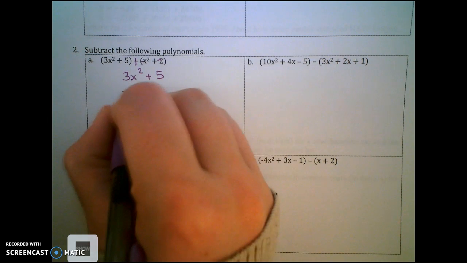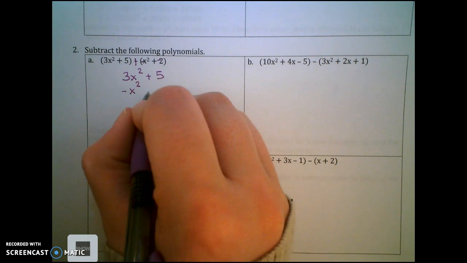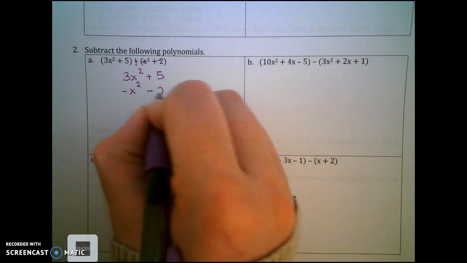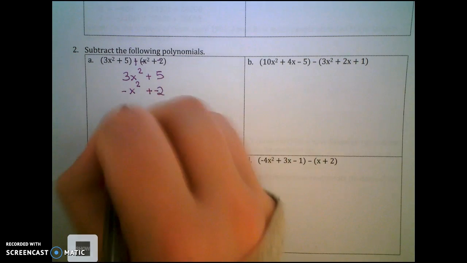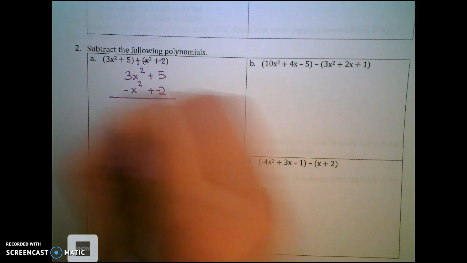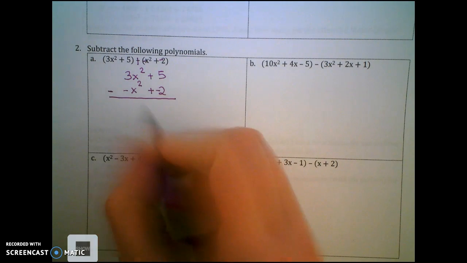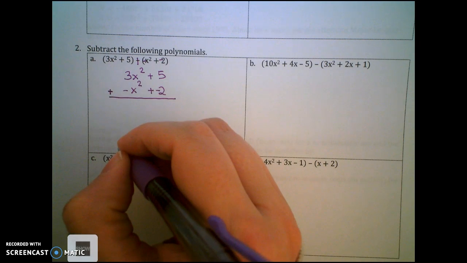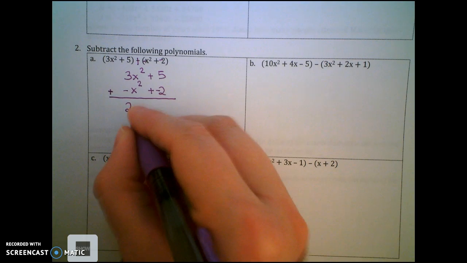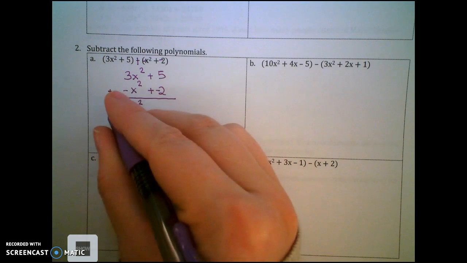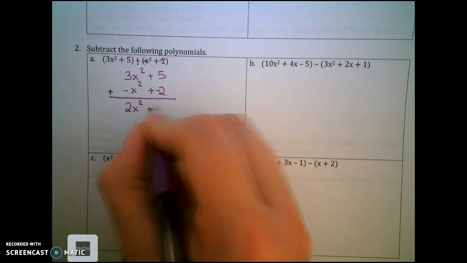I have a -x squared minus 2, or plus a -2. We can leave it like that if it's easier to see. And then I'm going to add down. So 3 plus -1 is 2x squared, and 5 plus -2 is 3.